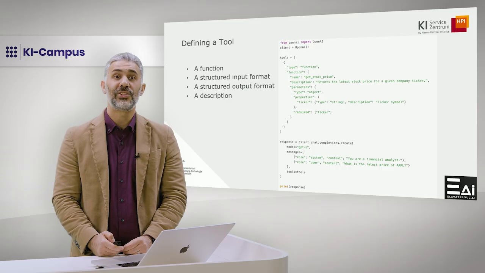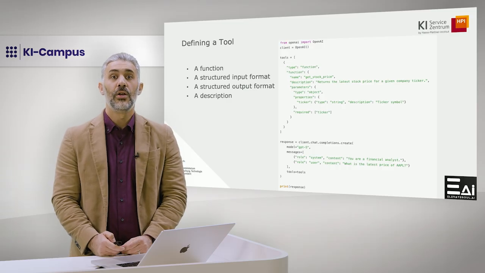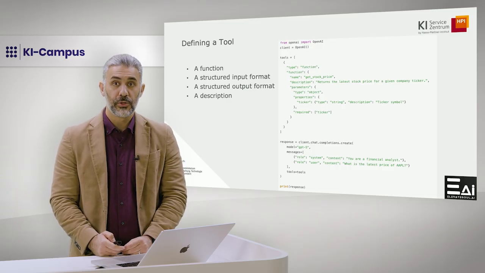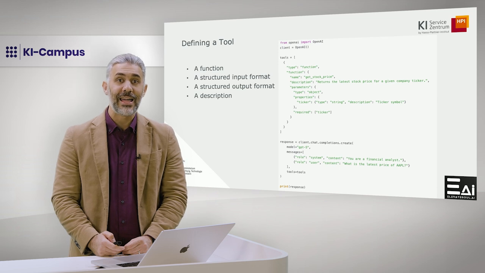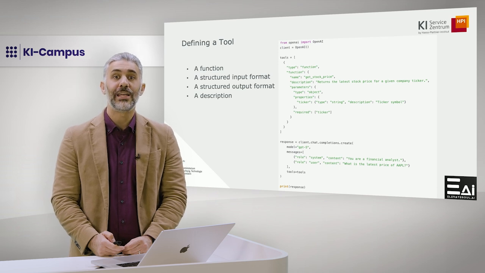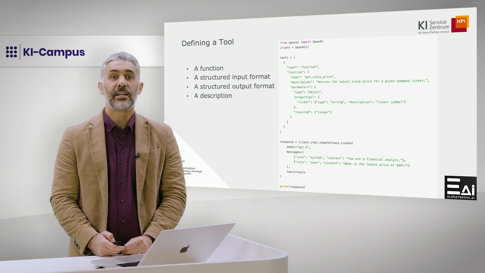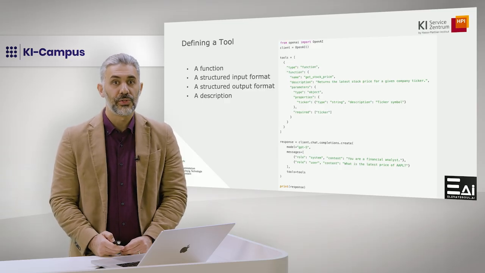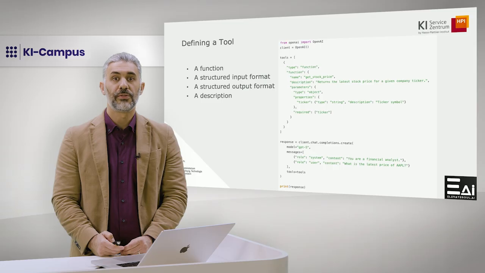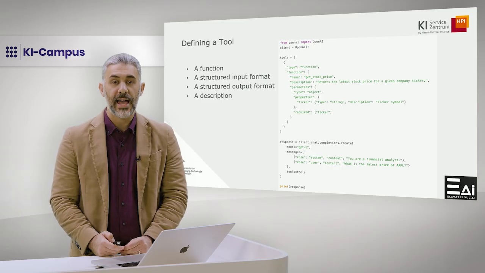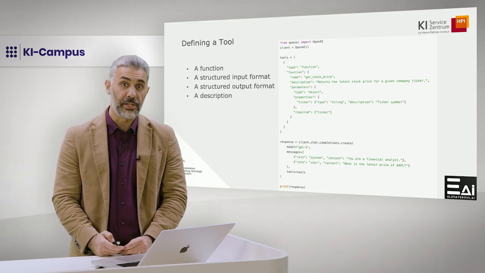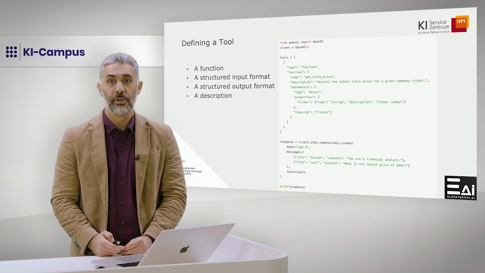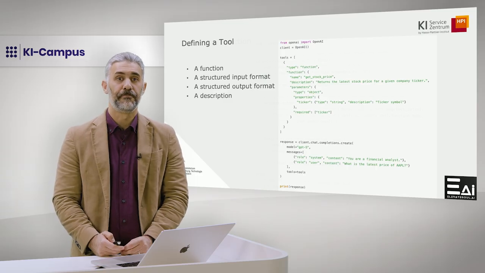The agentic AI system reads it, understands the purpose of the tool, and decides if a tool call is necessary. The clearer the description, the smarter and more reliable the tool selection. Most tools fall into 2 broad categories: information tools and action tools. We'll look at both later.